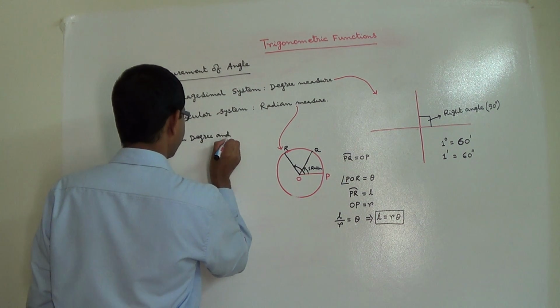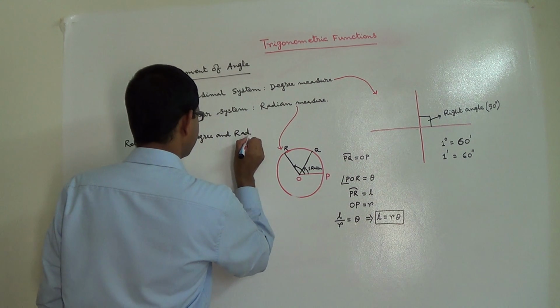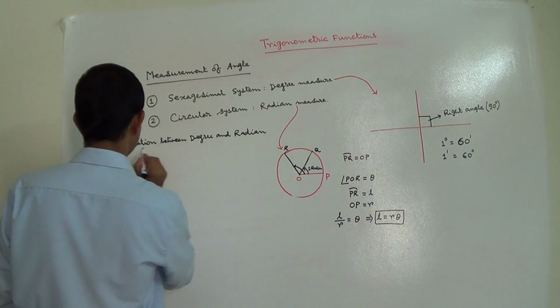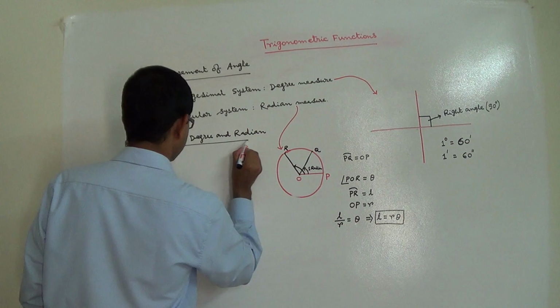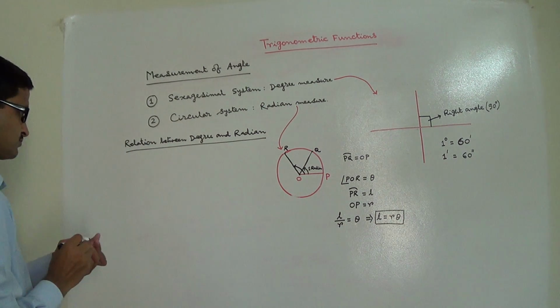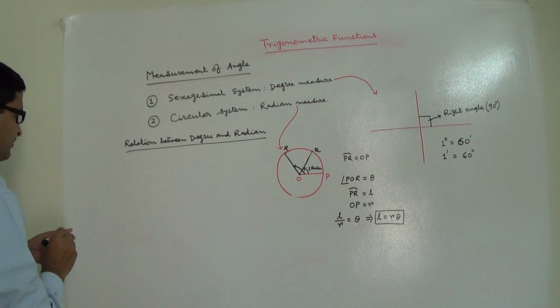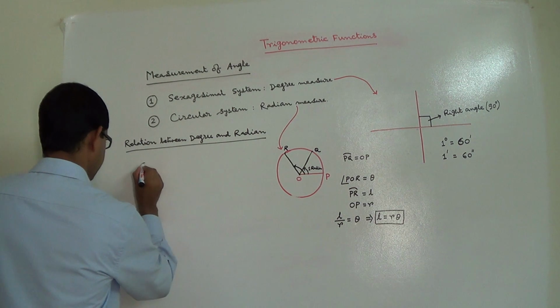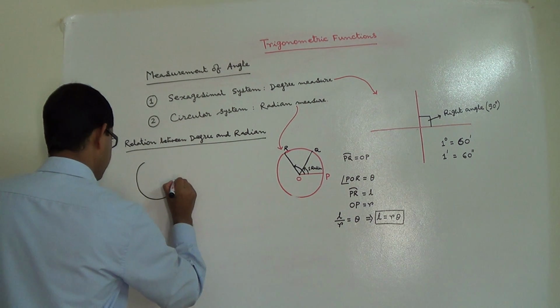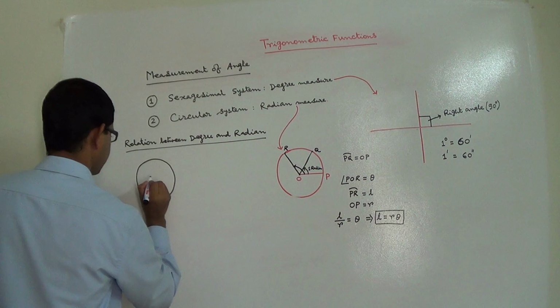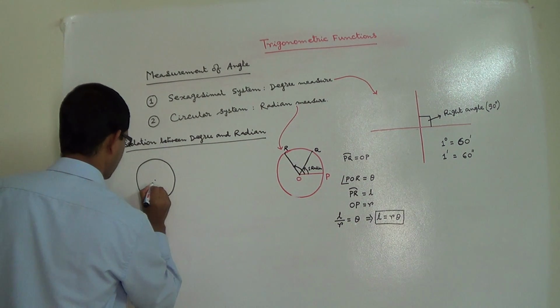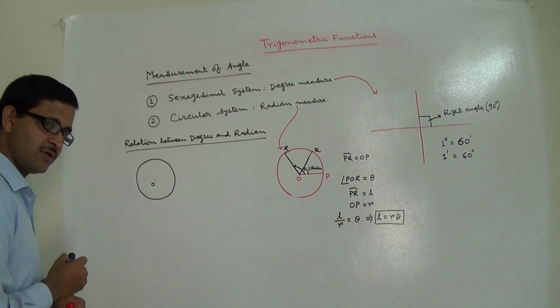So, this is the circle and O is the center of the circle.